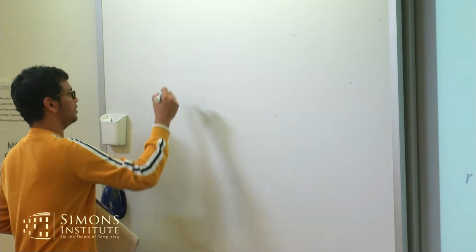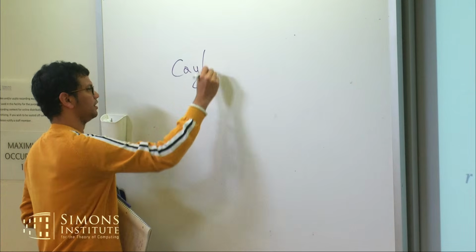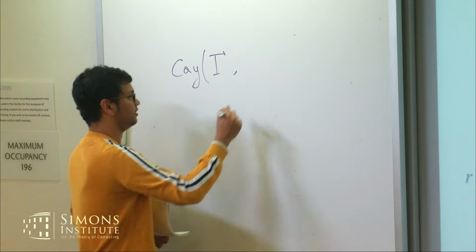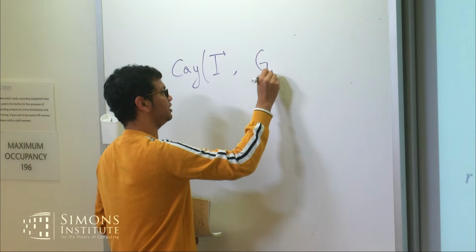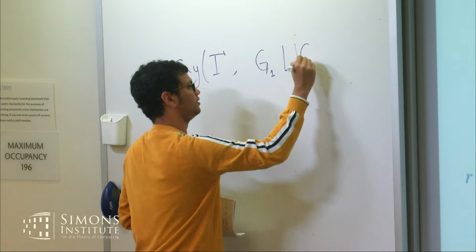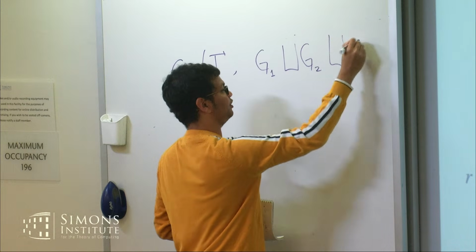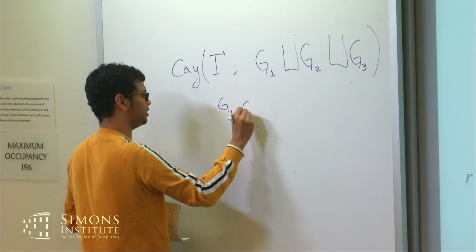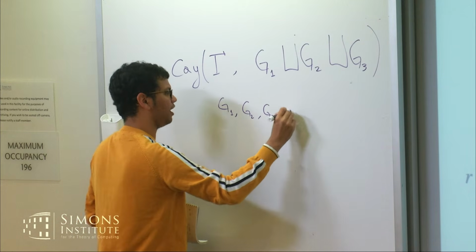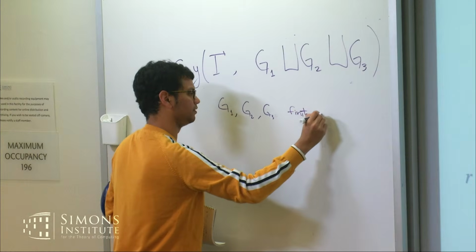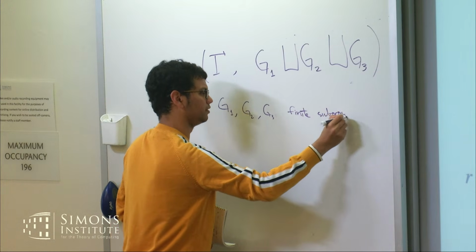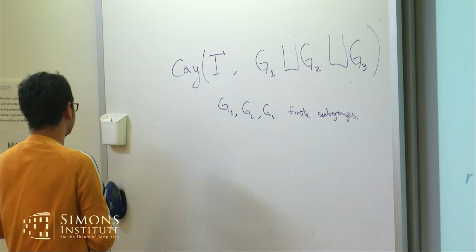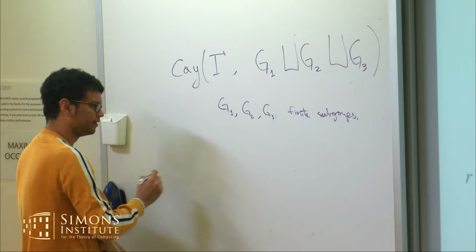Okay, so let's say you have a Cayley graph gamma, and the generating set is actually the disjoint union of 3 subgroups. So G1, G2, G3 are subgroups. Okay, so now the local view of a vertex looks like the following.